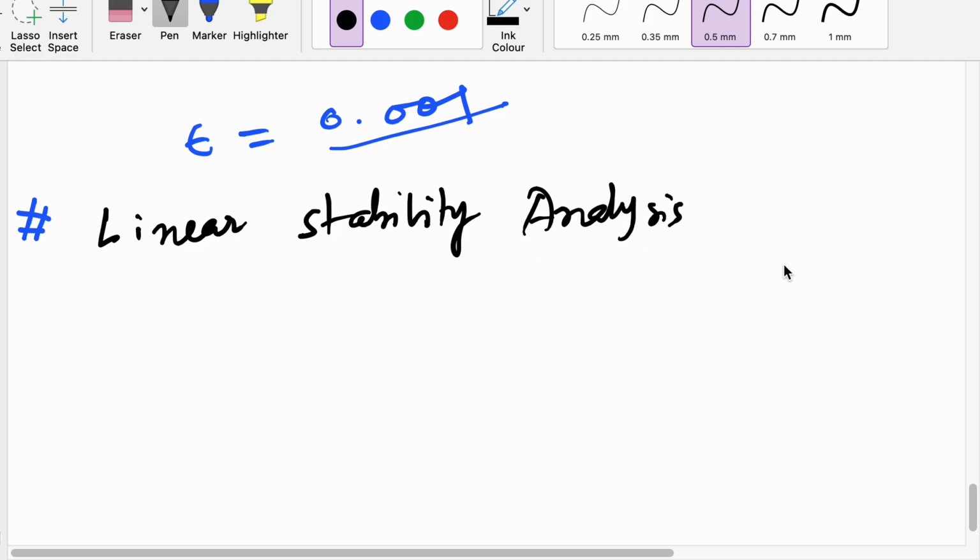This linear stability analysis is the backbone of the whole of nonlinear dynamics. Whenever you are dealing with any nonlinear system, linear stability analysis is the ultimate thing that you are going to use. For that you have to know the properties of some linear map. So let's go toward the behavior of the linear map using the cobweb diagram.